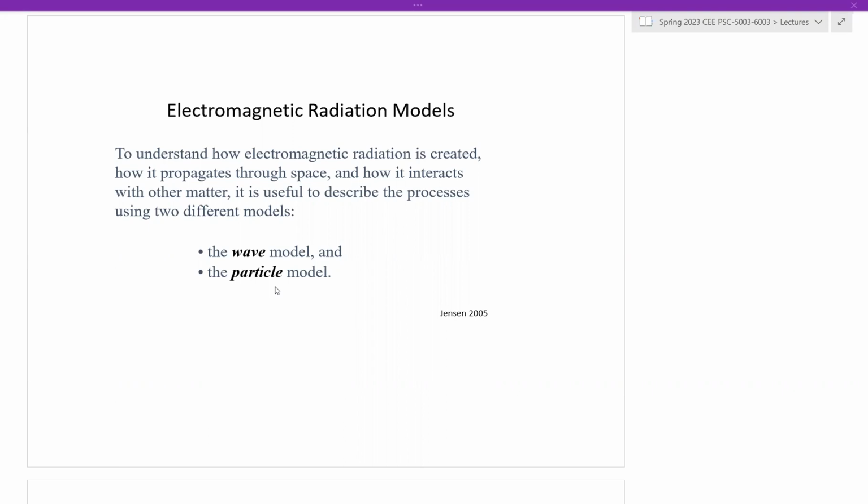In the particle model, it's related to the theory of relativity of Einstein. In the wave model, the behavior of light is related to quantum physics.